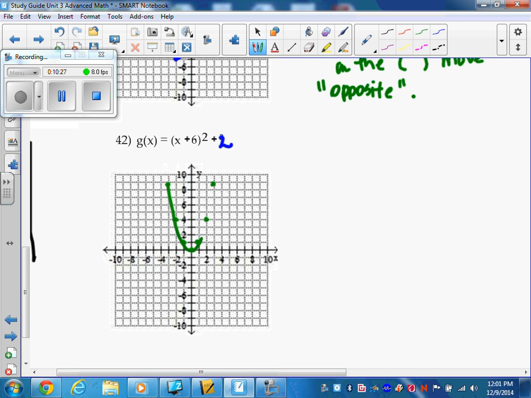Is a parabola, a curve. So that is the parent graph. Now remember, the one outside the parentheses moves your function down or up, in this case up 2 units. So this means up 2.